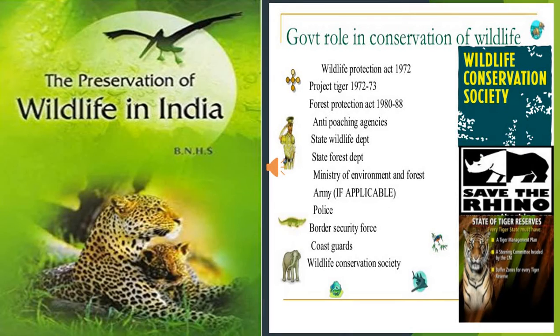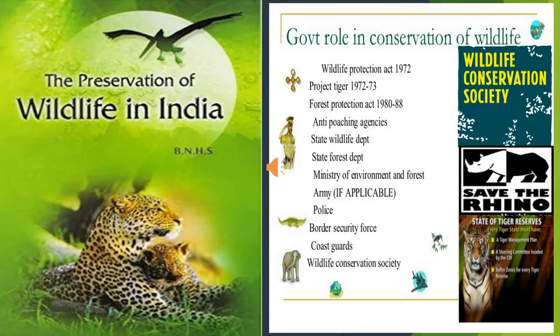Children, let us understand the preservation of wildlife in India. What is the government role in conservation of wildlife? Wildlife Protection Act was passed in 1972. Project Tiger in 1972 to 73. Forest Protection Act 1980 to 88.